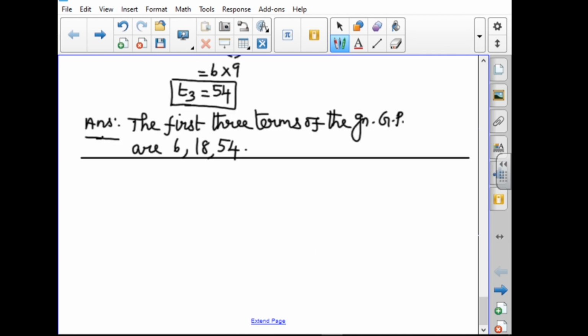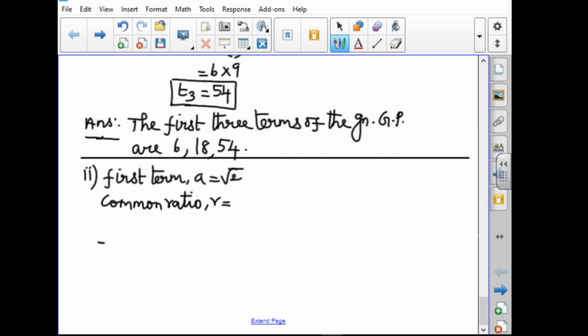Second subdivision. Here first term A is root 2. First term A equal to root 2. Next, common ratio R. The same thing you have to find. Common ratio, R equal to, it is given as again root 2.